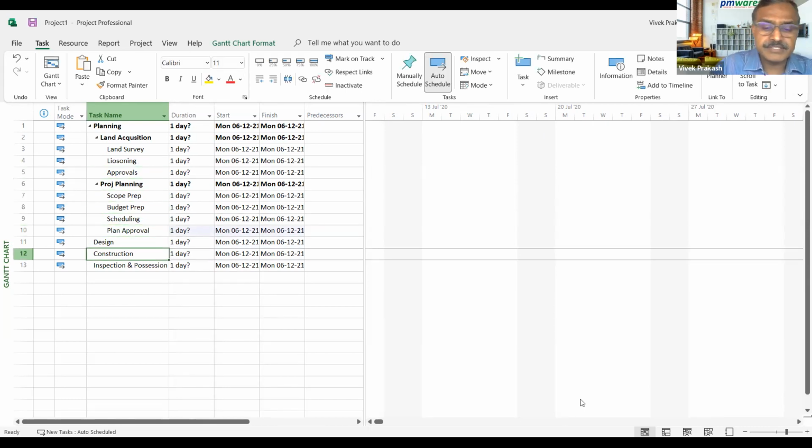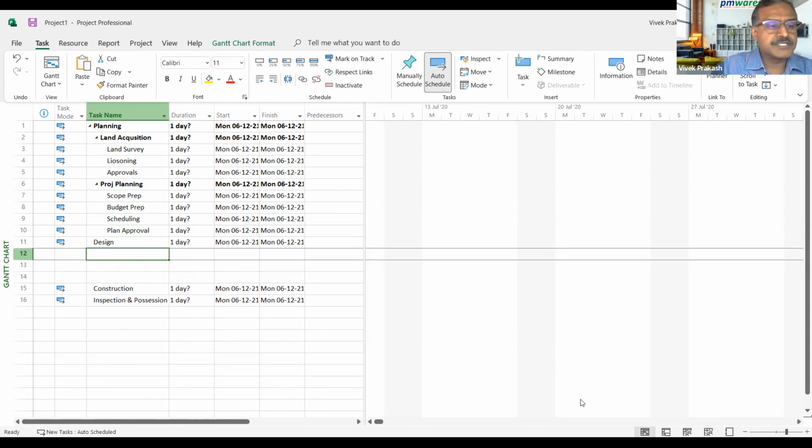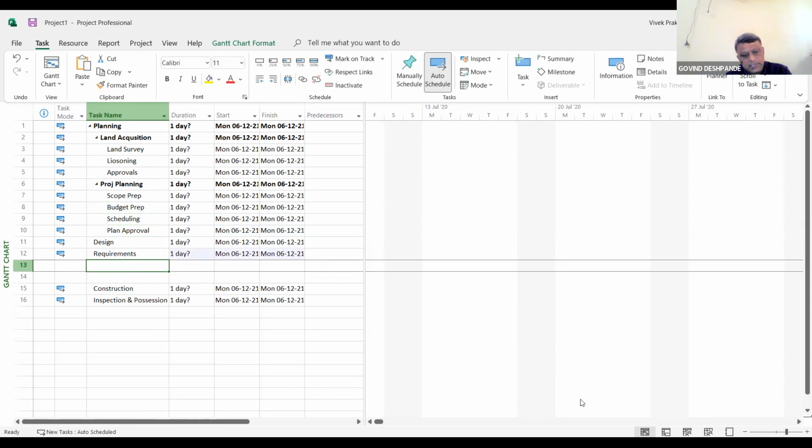Now let's look at designing. First is requirement. Requirement of related interested parties. Yes, let's say requirement. Then probably some architecture.